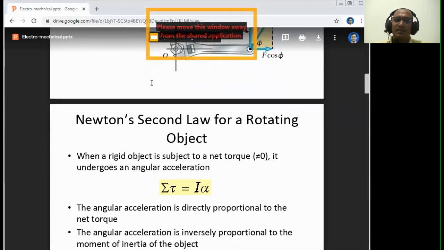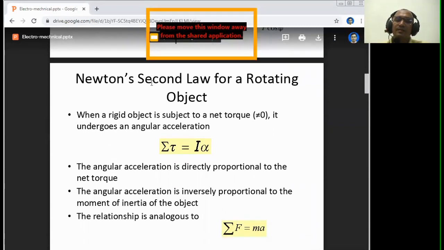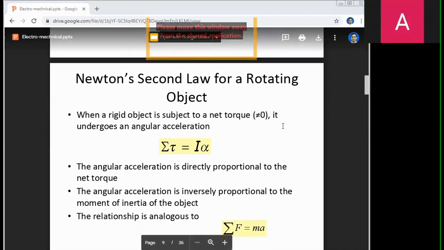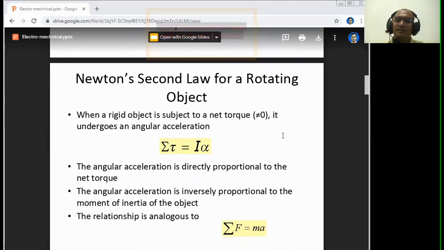In Newton's second law, F equals ma, and in the case of rotational force, the torque tau is I alpha. That means force is proportional to acceleration, and that proportionality constant is mass. Whenever mass is greater, then for a particular force, acceleration must be lower.